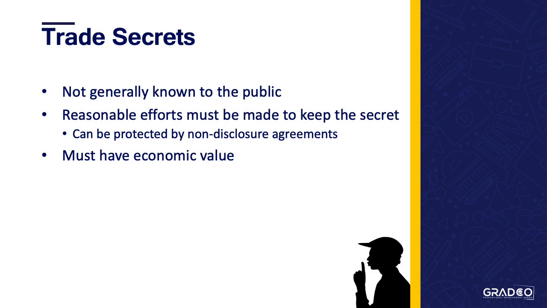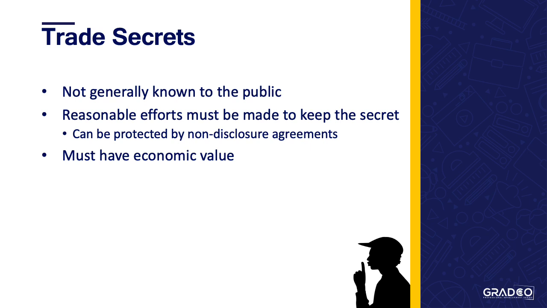So what about things you don't want to enter into the public domain? When you hear words like proprietary in a business context, it's likely that it is a trade secret. Trade secrets are also protected by the law so long as they are not generally known to the public. That makes sense, right? A trade secret must be kept a secret. Reasonable efforts also must be made to protect the secret.